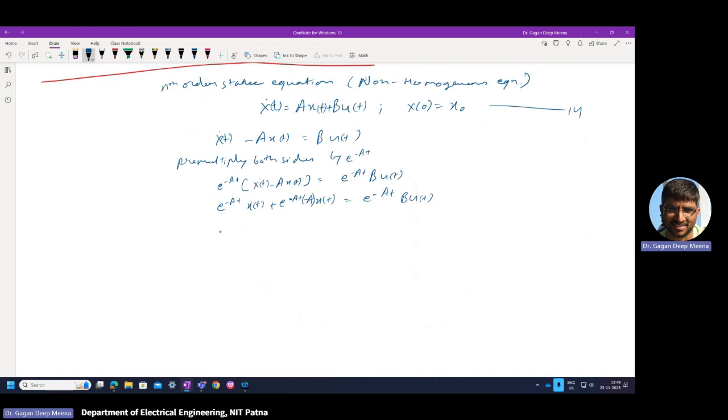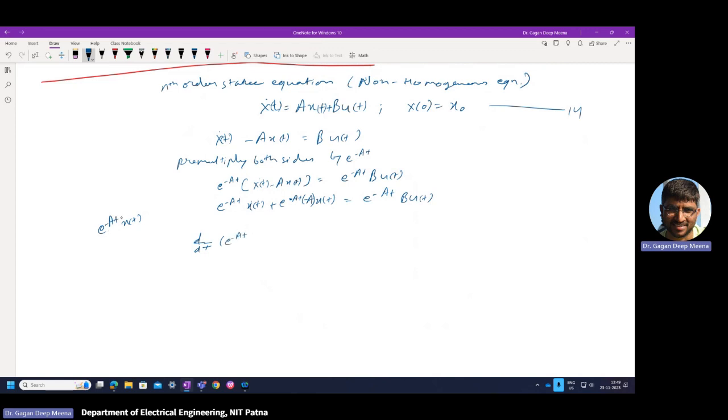differential of, now we will consider the differential of e to the power minus at x of t. Okay, so the differential of e to the power minus at x of t can be d by dt of e to the power minus at.